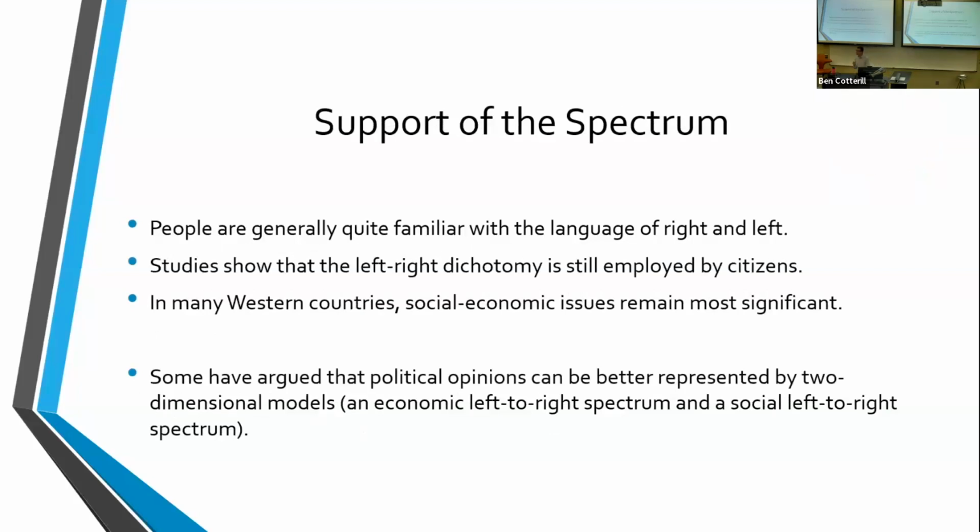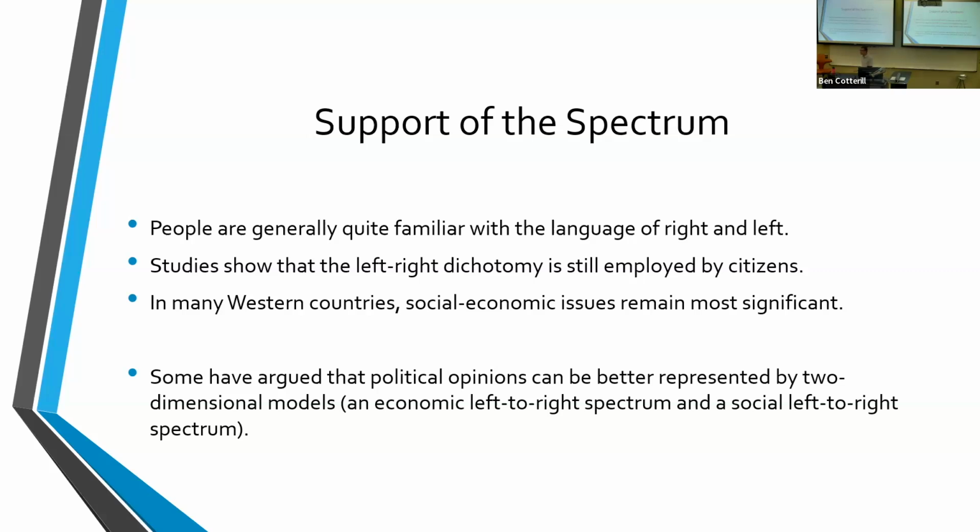So nevertheless, despite there being these criticisms to this spectrum, it's still frequently used. There's still a lot of support for it, in part because people are generally familiar with what's meant, okay, with this language, with what it means to be on the right versus what it means to be on the left.